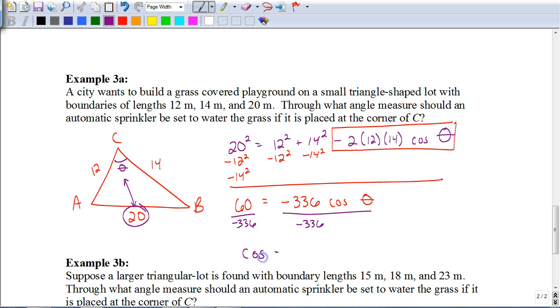So the cosine of the angle equals negative 0.179. To find out what the measure of the angle is, I take the inverse cosine of negative 0.179, and I get that my angle measure would be about 100 degrees, or 100.3 degrees. So that would be your measure for angle C.